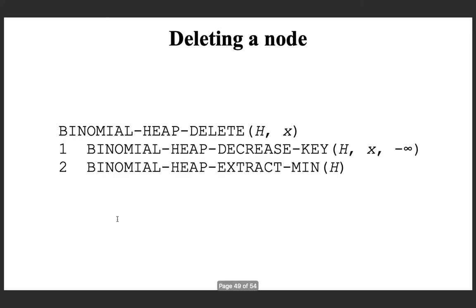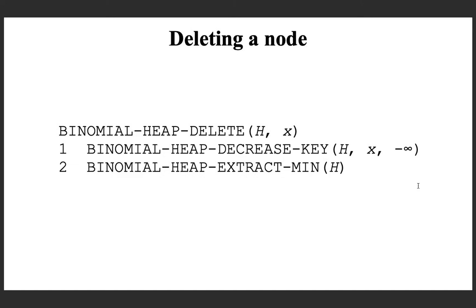So given a binomial heap, how will you delete? It's very easy actually. What you do is, suppose you want to delete the node x. Now what you can do is, you decrease the value of the key using the previous procedure to minus infinity. So after this step, x will be having the least value, definitely a root node.